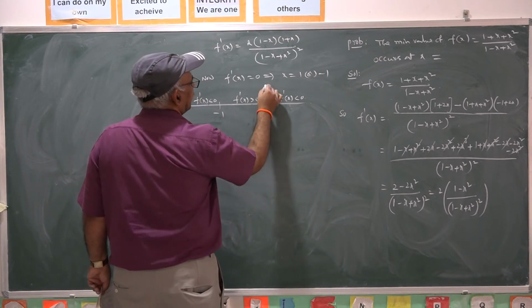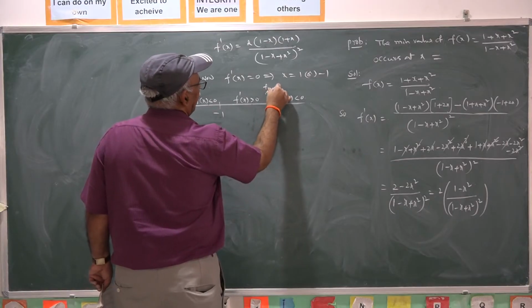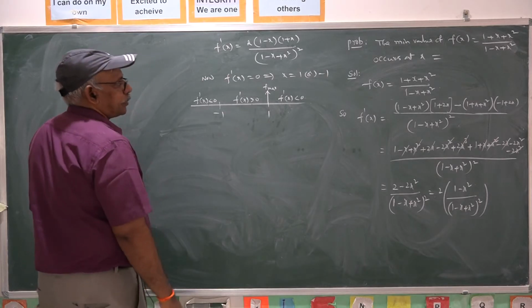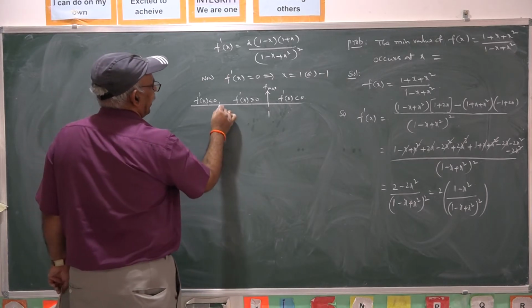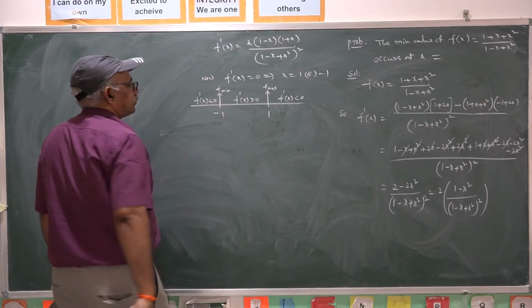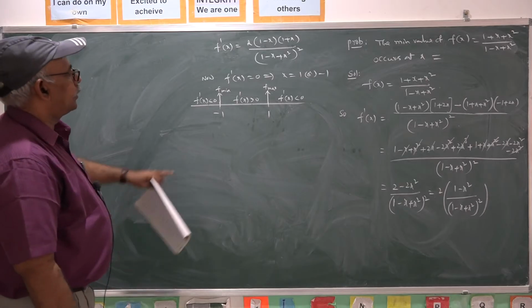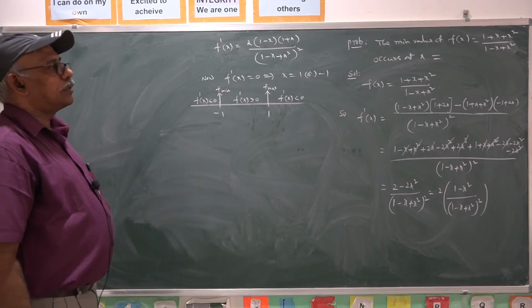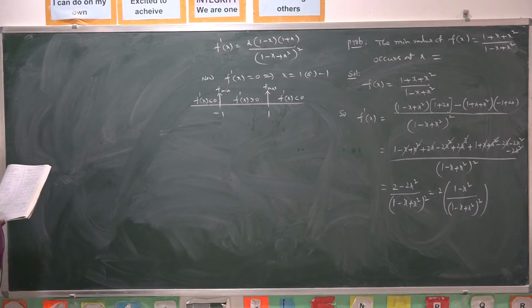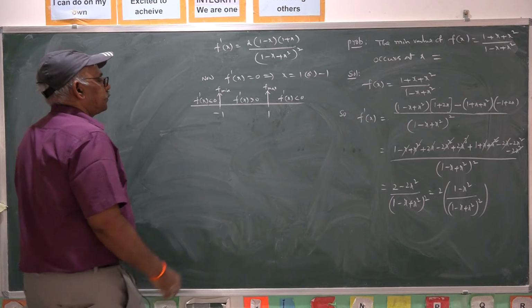At x equal to 1, f is maximum. From negative to positive, f takes its minimum. So the minimum value exists for x equal to minus 1; for x equal to minus 1, it takes the minimum value.